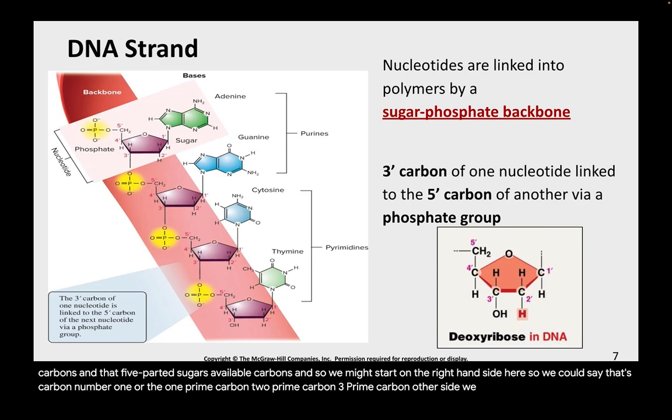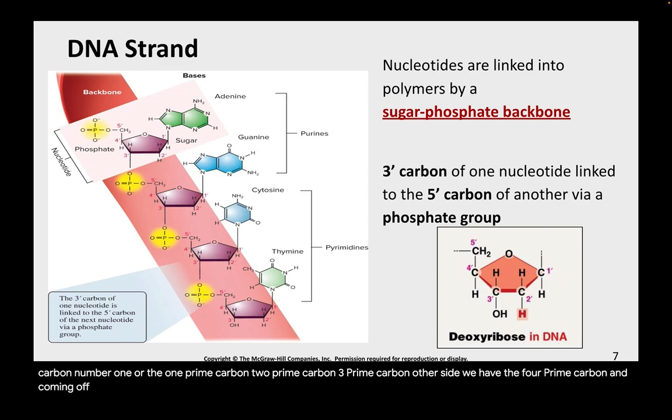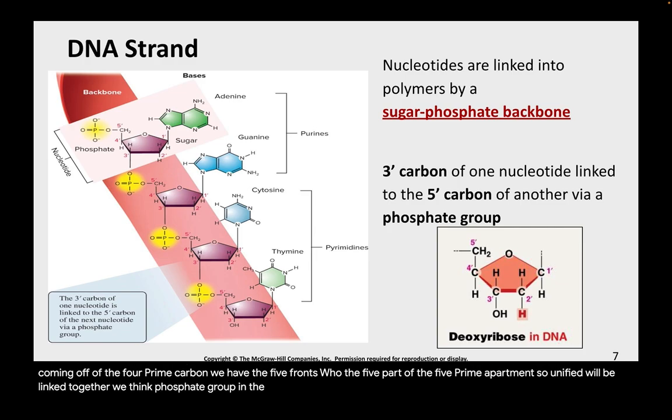Other side, we have the 4' carbon, and coming off of the 4' carbon, we have the 5' carbon. Right. Now, in the sugar phosphate backbone, we're always going to link the 3' carbon to the 5' carbon. So 3 and the 5 will be linked together with a phosphate group in the middle.